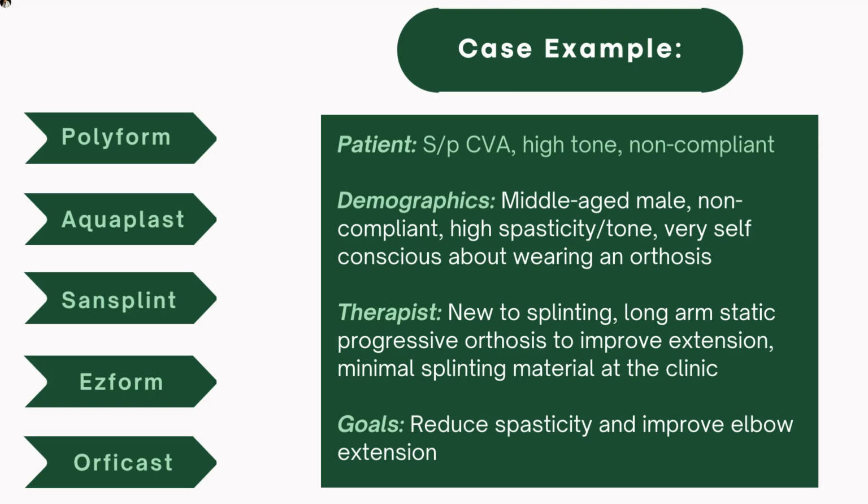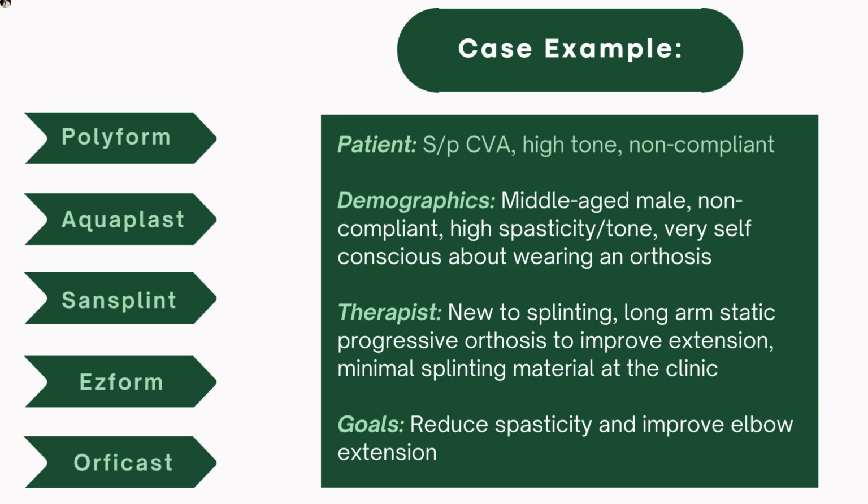Then we've got Aquaplast. There are multiple color options, which would definitely help for somebody who's not compliant. It's transparent, so we can see any pressure areas or pressure points for this person who is very spastic in flexion. And one of the most important things with Aquaplast, it's very good for functional positioning.